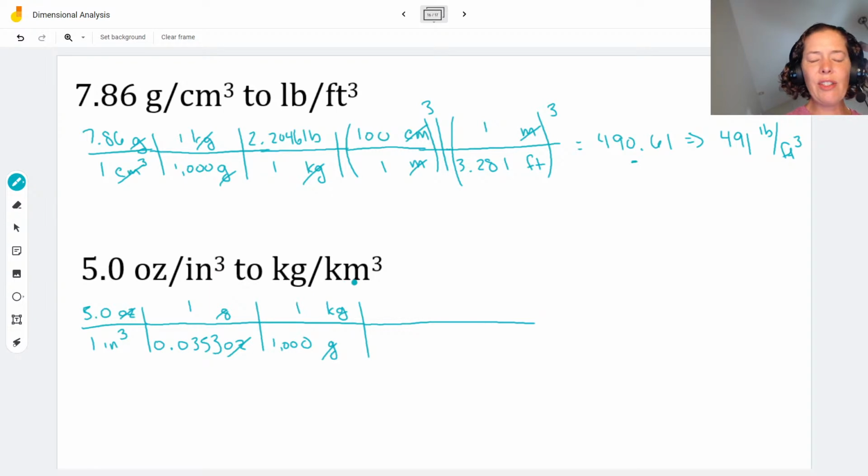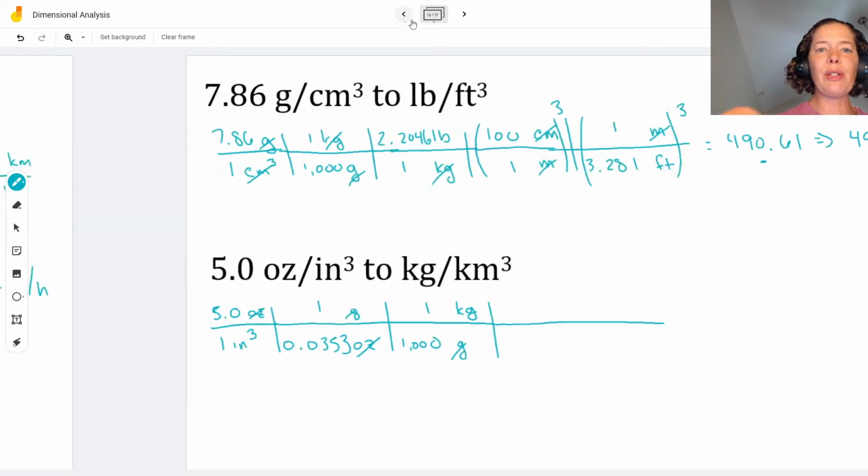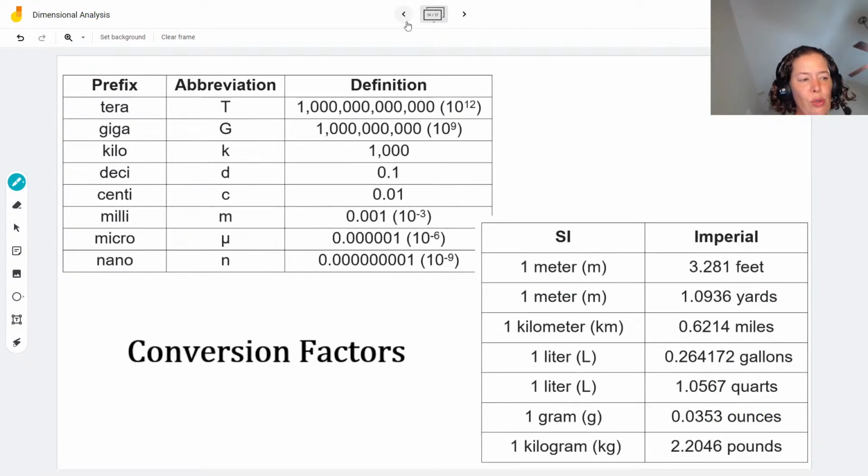So I've got inches to kilometers. Inches to kilometers. I can go, let's see, I can go feet to meters. So I can go inches to feet, feet to meters, and then meters to kilometers.